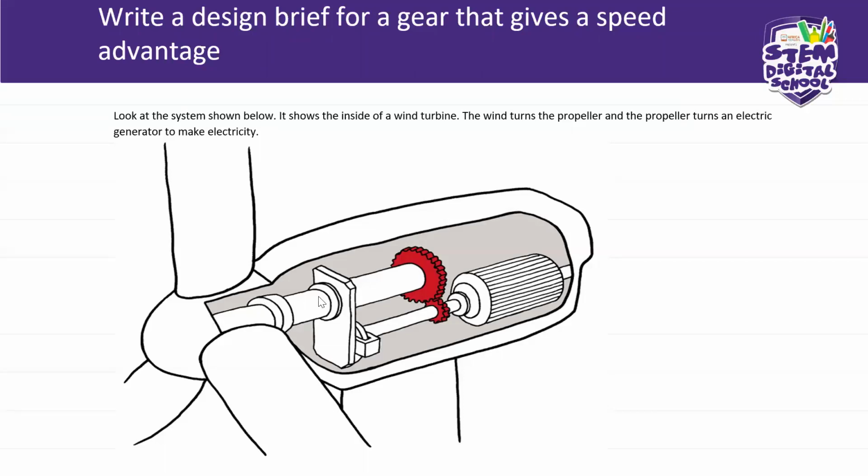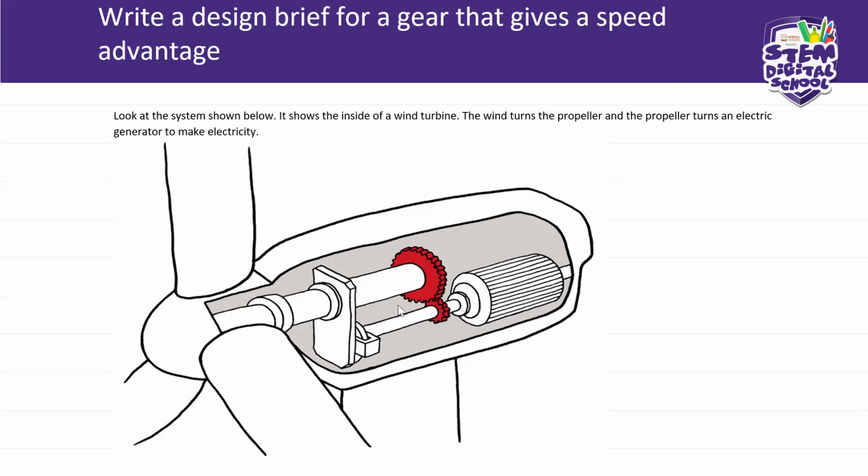Now, when you look at this system, all right, you have a gear system here, and there is a small gear and a bigger gear. The axles are not the same either, okay?